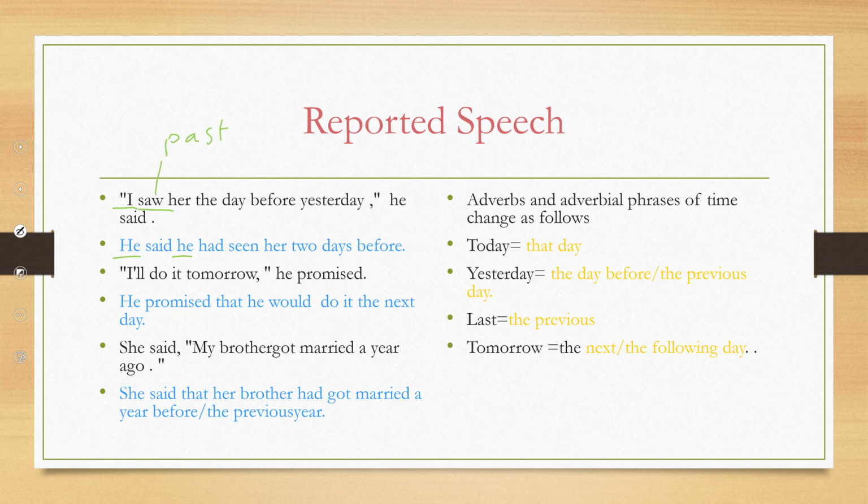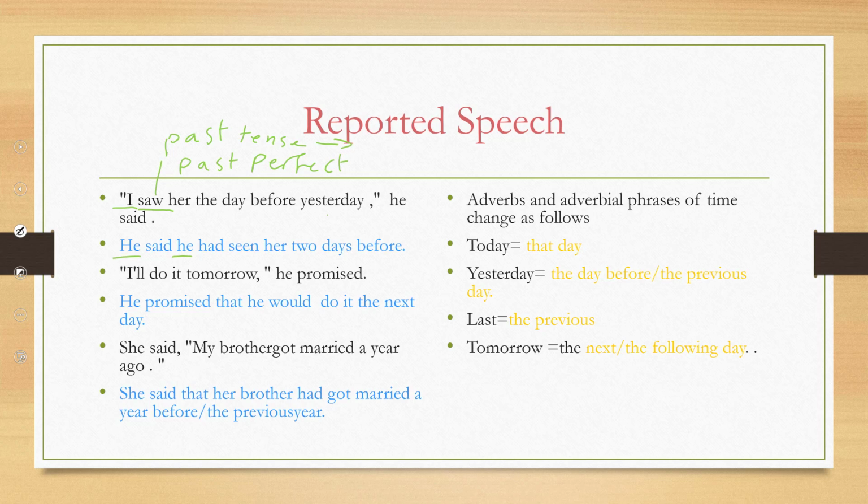Past tense is changed into past perfect. So, saw is changed into had seen. Yesterday is changed into the day before, but we have here in this sentence the day before yesterday, so it is 2 days before.